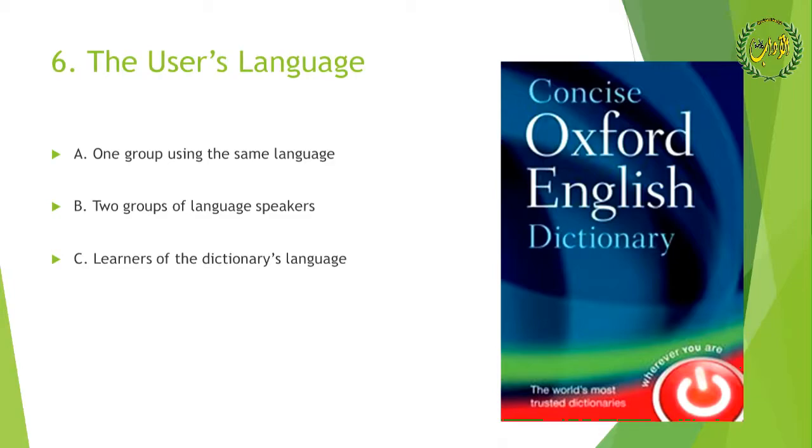Is it written for one group using the same language, in which case the dictionary is written in one language, or for two groups of language speakers, in which case we have a dictionary written in two languages, or for learners of a language, in which case the dictionary is used by learners of the language in order to gain more information about a certain language.